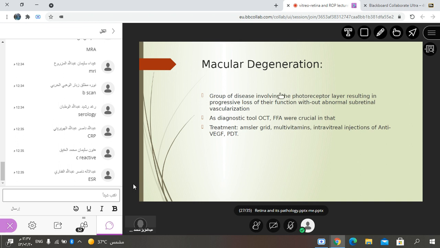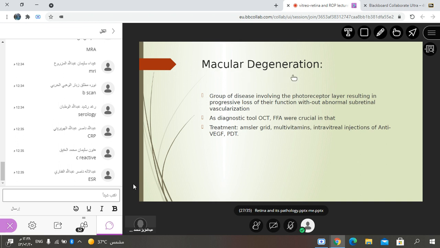First is the dry AMD, and the wet, which is wet AMD. Wet AMD if there is subretinal fluid and vascularization, and dry AMD if there is no vascularization, only a progressive loss of the photoreceptor layer. So there is an atrophy. Okay, this is very important.